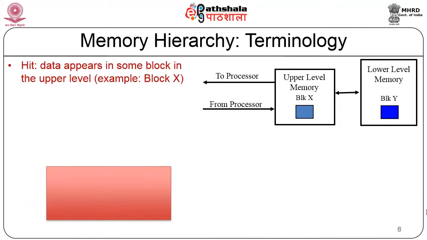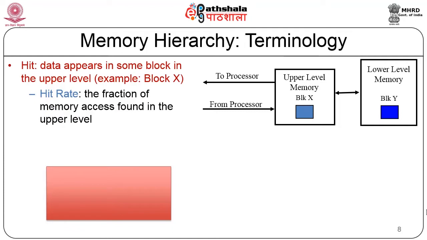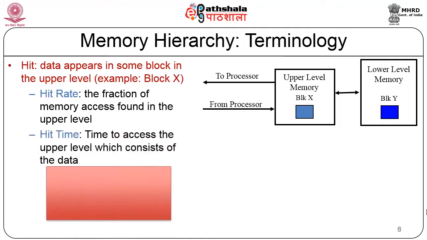This again shows you the memory hierarchy and indicates some of the terminology that we are going to use. We talk about a hit here. A hit is the data appearing in some block in the upper level. For example, if block X appears in the upper level of memory, when the processor accesses it and it is available in that level of memory, it is called a hit.